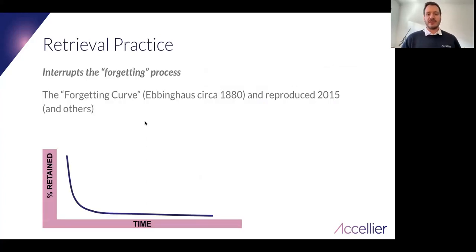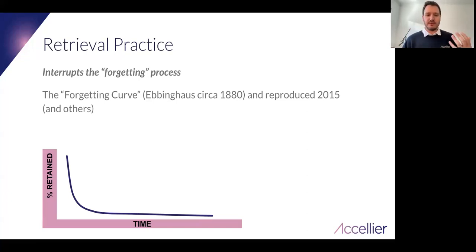This is based on something that Ebbinghaus came up with in the late 1800s, around 1880: the idea of a forgetting curve, which is basically that you learn something and then over time you very quickly forget it. The picture here is not scientific, but more representational.